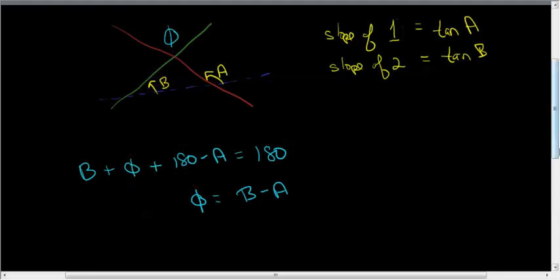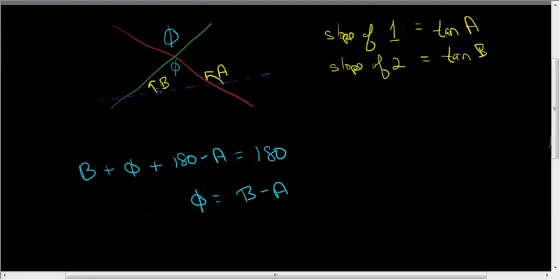All right, so here's my two lines. Slope 1, the slope of this line right here, if I draw a horizontal line here, the slope of this red line is the tangent of angle A. And the slope of this green line is the tangent of angle B. Well, we know that from vertical angles, this angle here is equivalent to that angle, the angle of intersection.